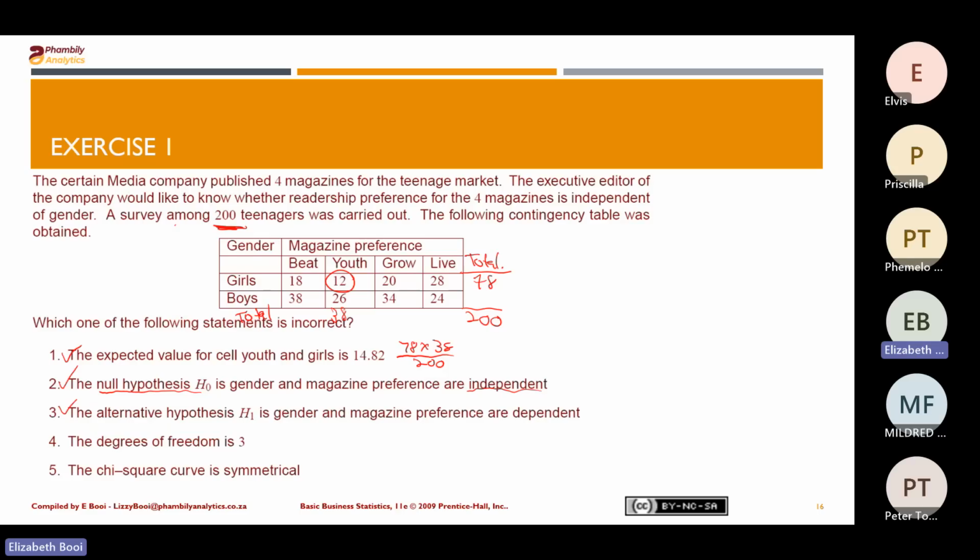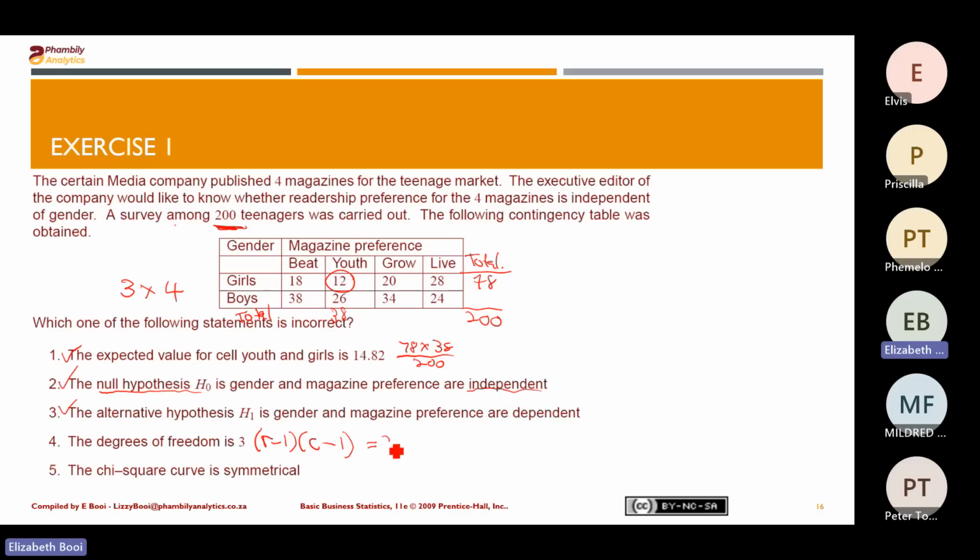Number 4, the degrees of freedom is 3. So how many rows do we have? We have a contingency table with 3 rows and 1, 2, 3, 4 columns. So it's number of rows minus 1 times number of columns minus 1.